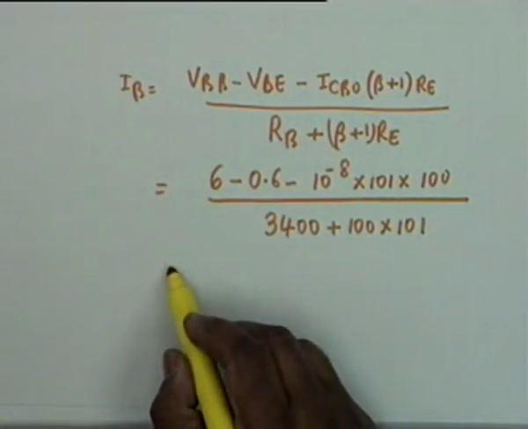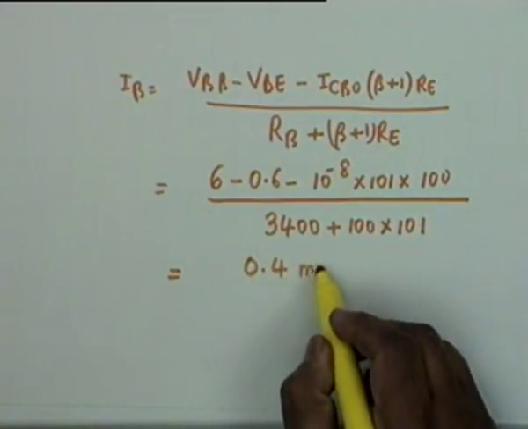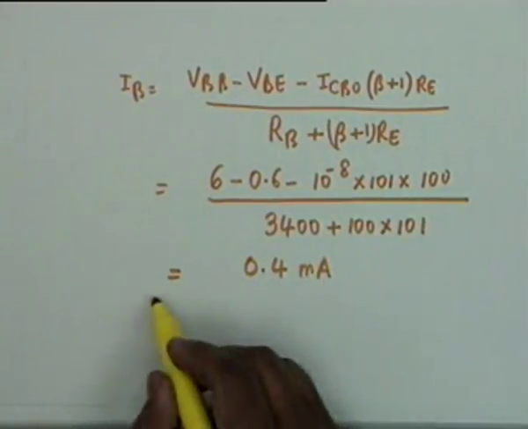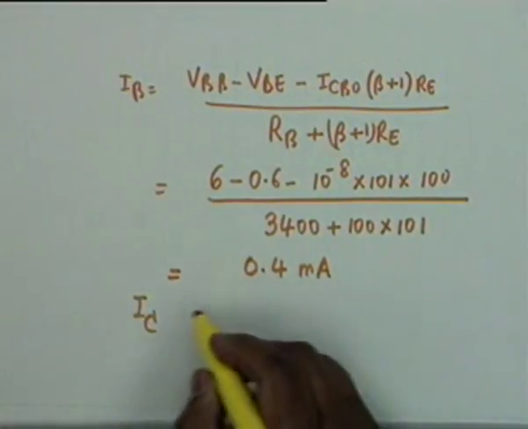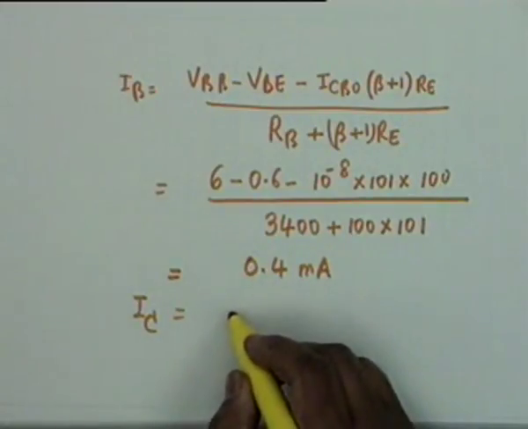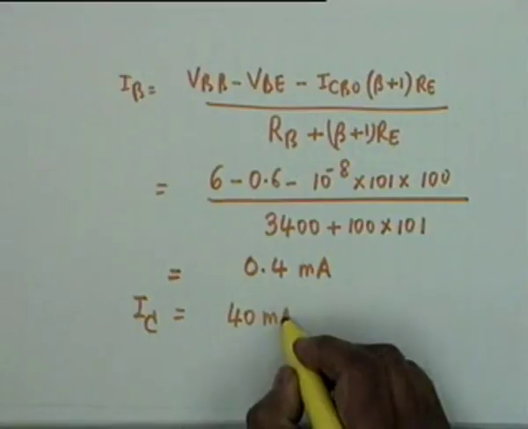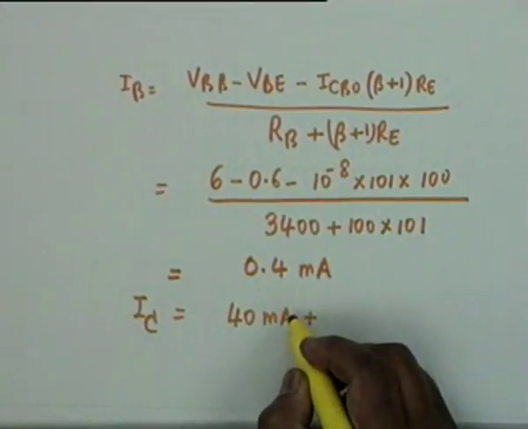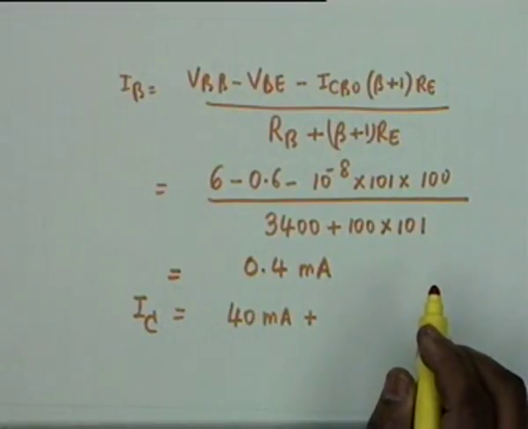Okay, so this comes out as 0.4 milliampere, which means that if IB is 0.4 milliampere, then I sub c is beta times this, that is 40 milliampere, plus (beta plus 1) ICBO, which is negligible.